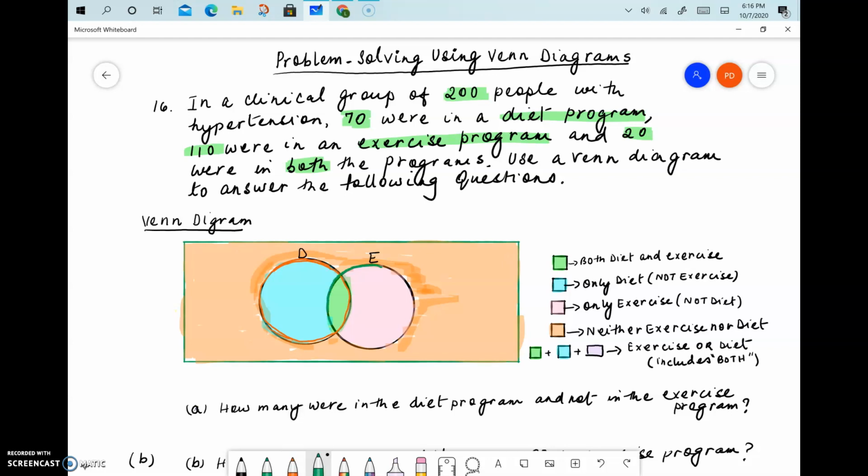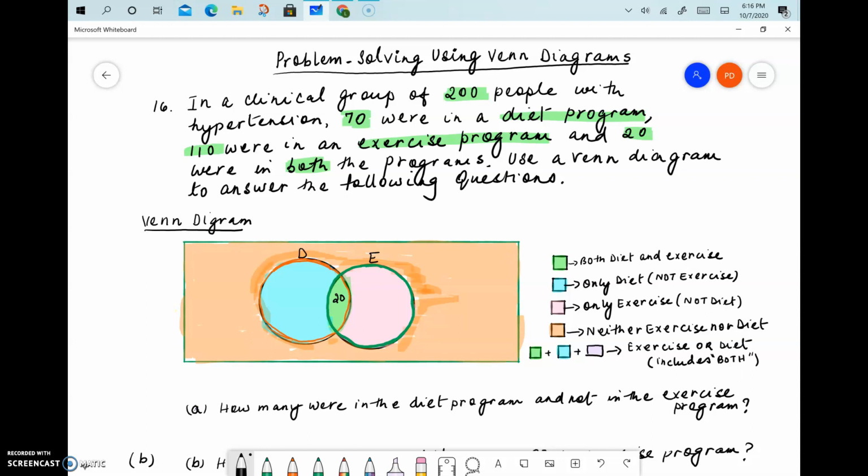Now the entire green circle was people who were in the exercise program. We know that the two overlap because there are 20 people in both the programs. So the green area is people who are in both the diet and the exercise program.